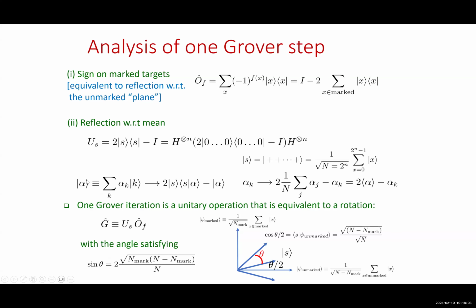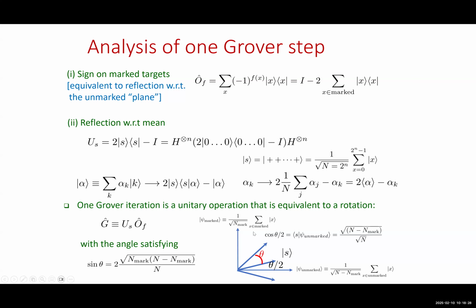And you can see the interpretation. This is the state at that moment. If you apply this operation, the component after that is 2 times the average of the components minus the input. So it's really updating according to reflection with respect to the mean.